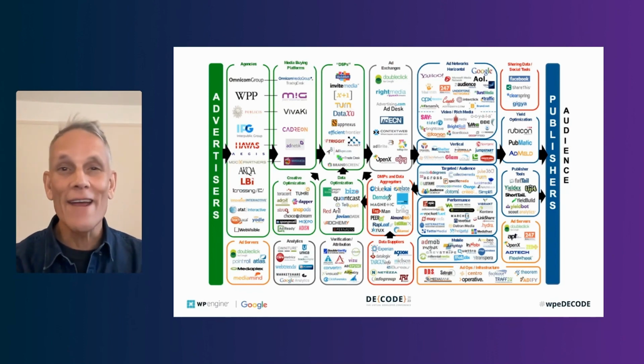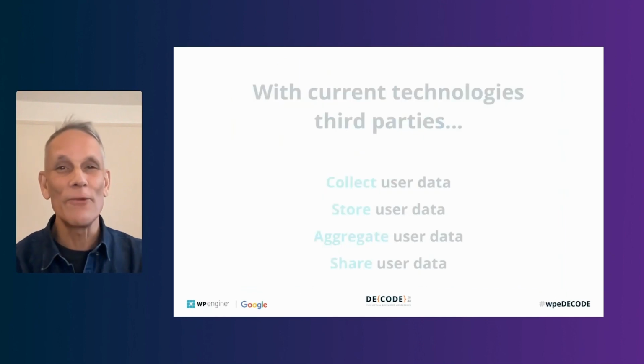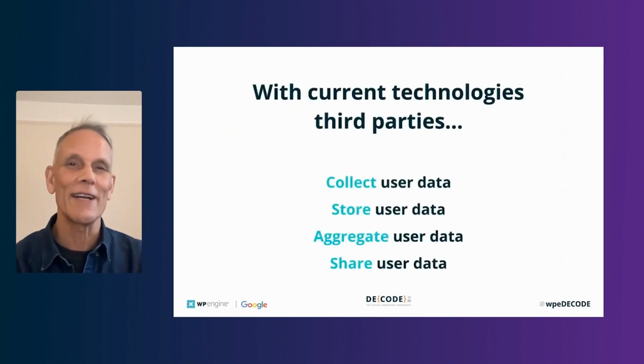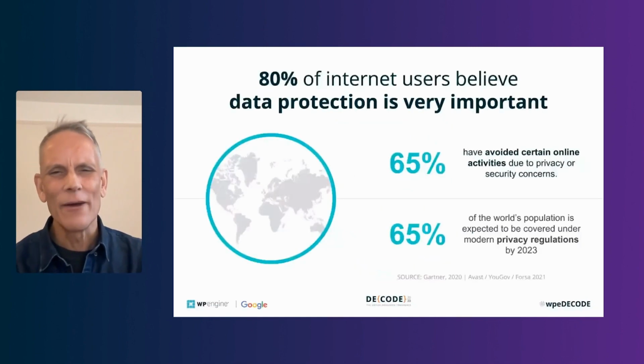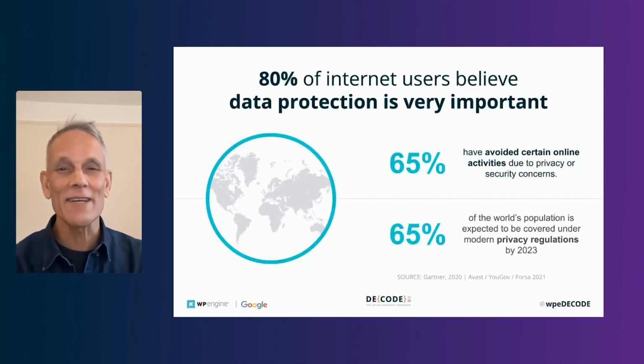So certainly when I visit a website, I'm not aware of all the third parties involved and what they're doing with my data. And it's not just me. Research shows that people really care about being in control of their data. Privacy concerns increasingly drive choices about what people do online, and regulators around the world are stepping up privacy requirements.